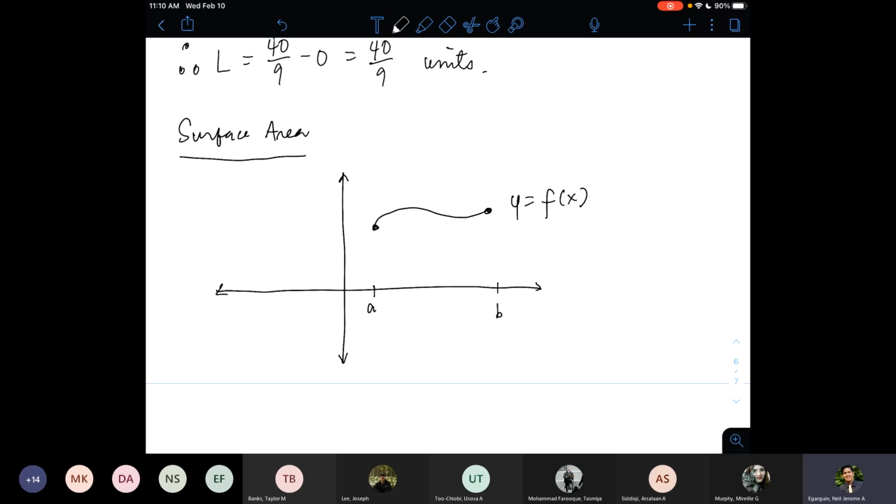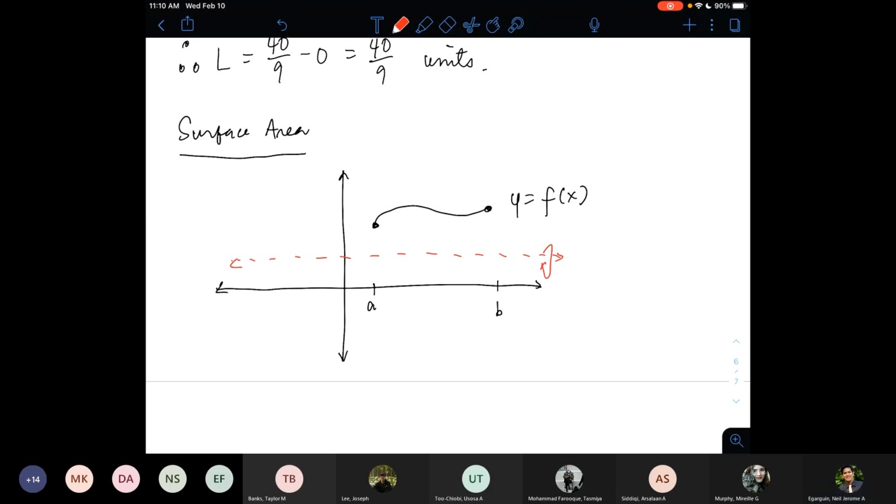And the idea is we rotate this arc with respect to some axis of revolution. Say our axis of revolution is here. And what happens is we get a hollow solid. We'll form a three-dimensional object, but it would be empty inside. So that's why the volume would be 0, because there is no material inside. So all that we can measure here would be the lateral face of this solid.